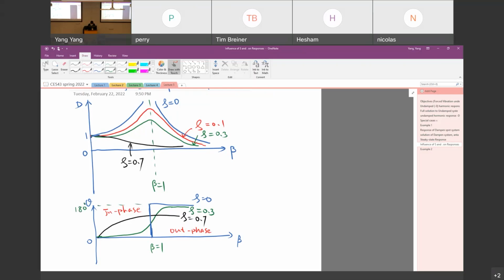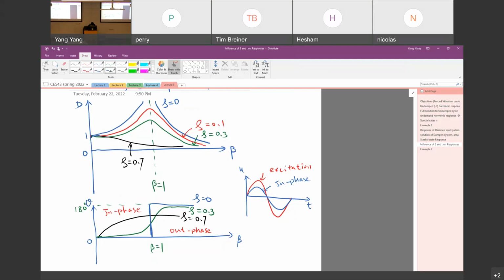In phase means, for example, if this is the excitation and we have a response like this, this is called in phase, because the excitation and the response have the same signs.